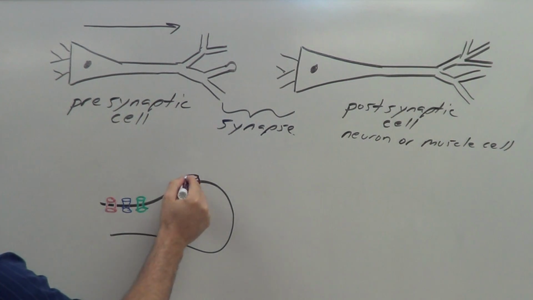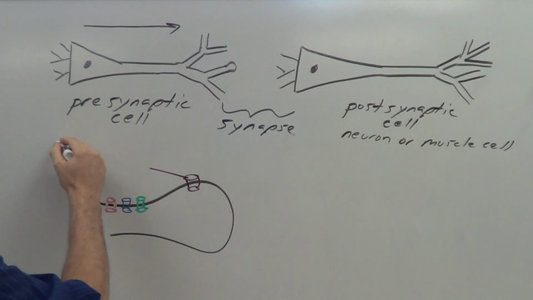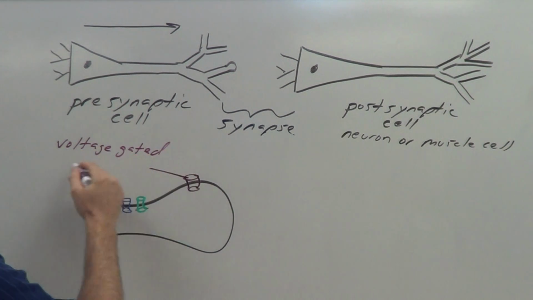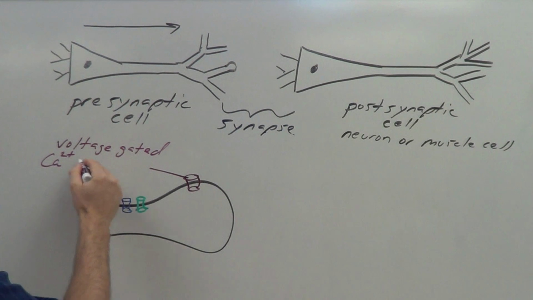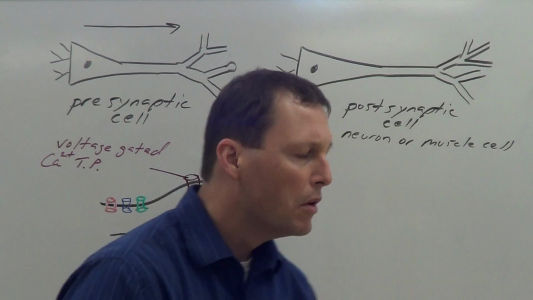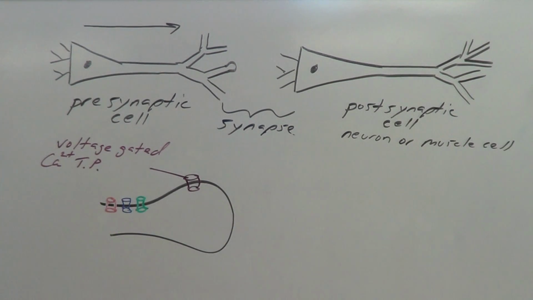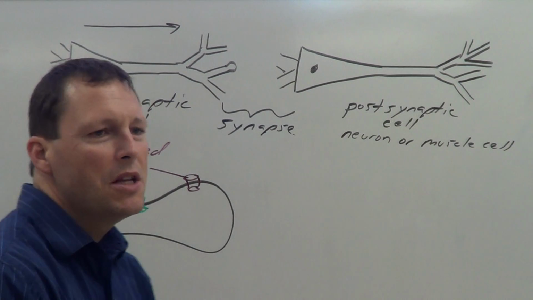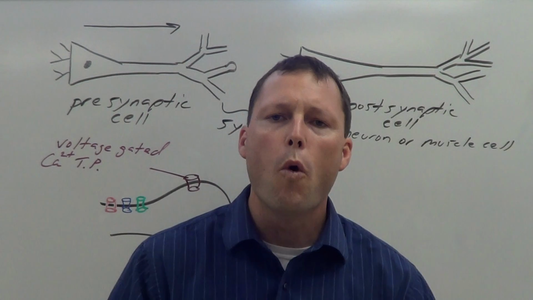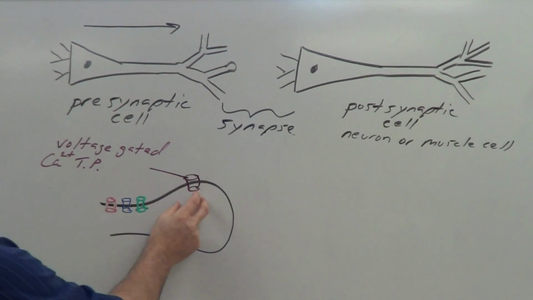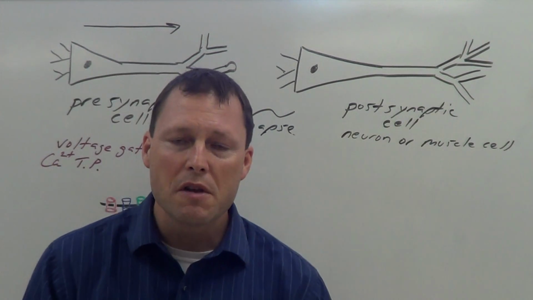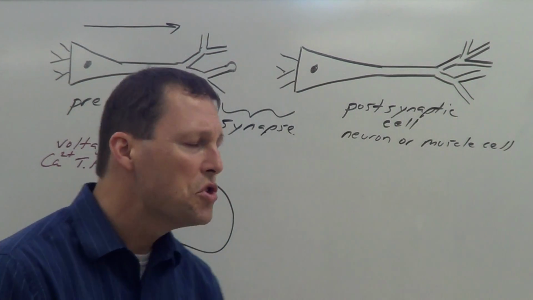This particular protein is going to be called a voltage-gated calcium, Ca2+, transport protein or channel protein. We'll call it a transport protein. And it's voltage gated. That means that a change in voltage is going to cause this protein to open up. And when it opens, because it's a calcium transport protein, and they tend to be very specific, calcium is going to pour into the cell.